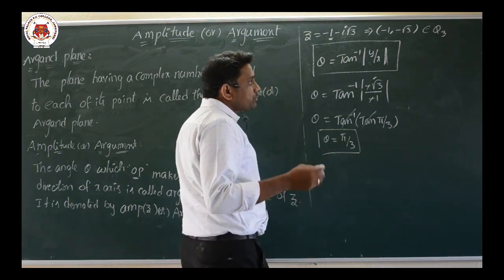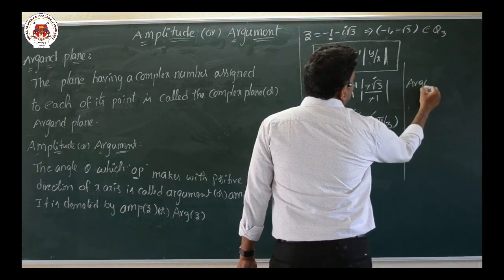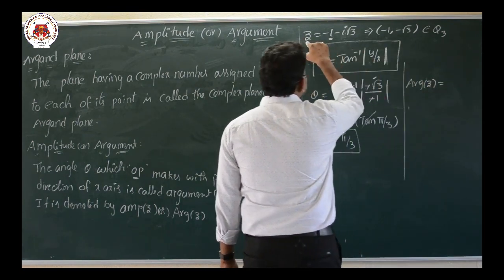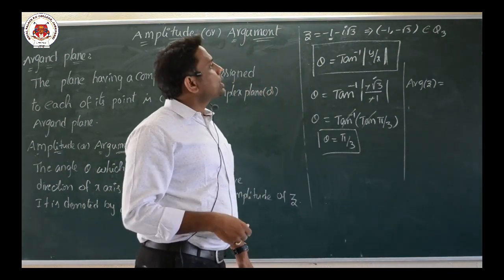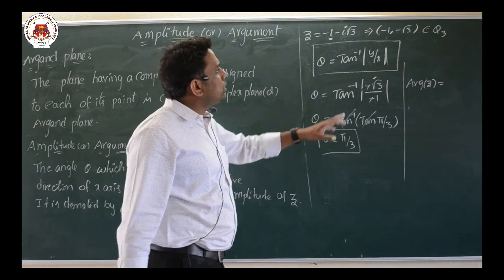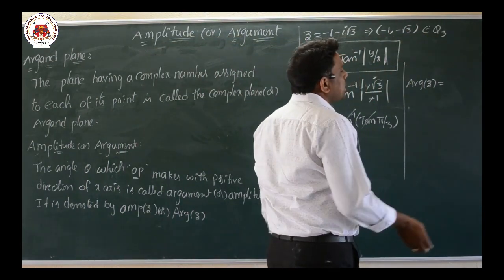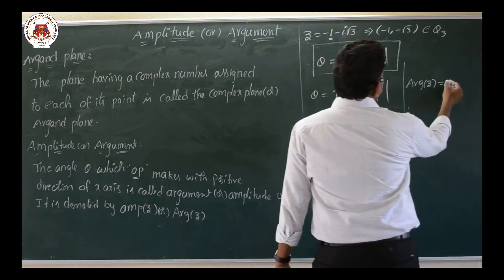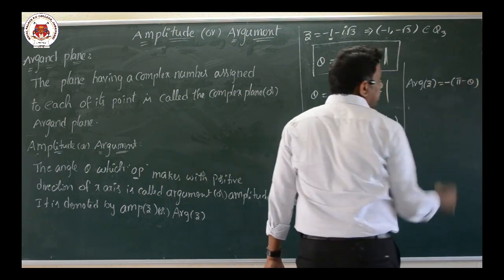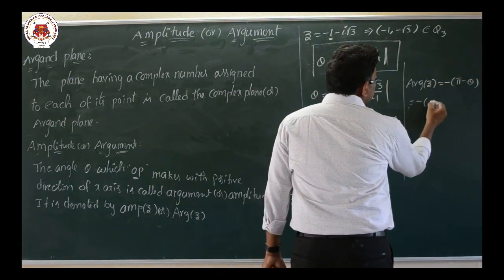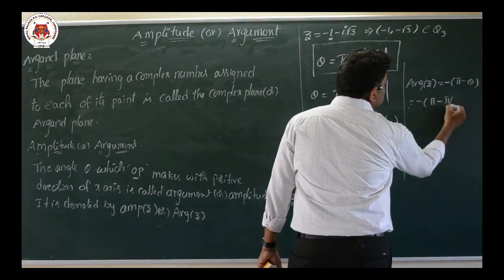But what is the question? We have to find the argument of this complex number. This is a complex number z. Children, you have the table. Check in the table: if the complex number belongs to the third quadrant, then the argument is minus of pi minus theta. If you substitute, pi minus theta, where the theta value is pi by 3.